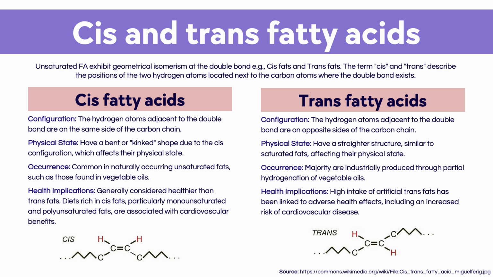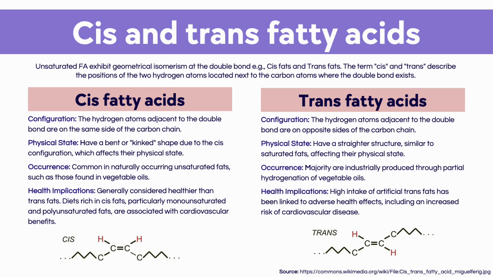This results in a bent or kinked shape, influencing their physical state. Cis fats are commonly found in naturally occurring unsaturated fats, such as those present in vegetable oils.